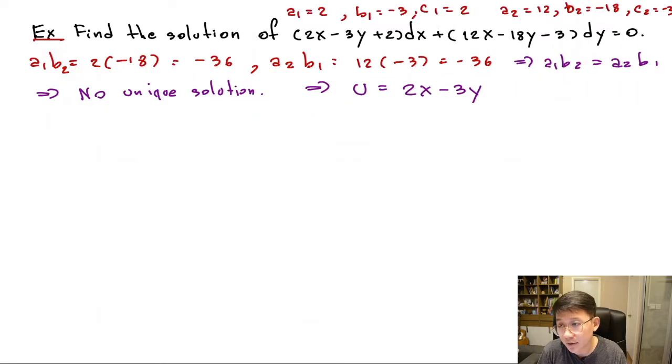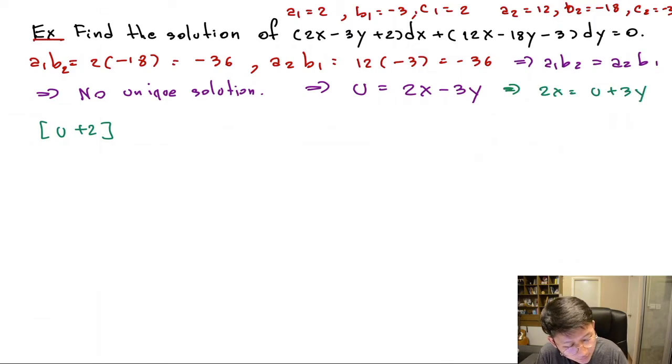X disappears. So here the equation becomes u plus 2, and what is the x? Okay, let's write it here. U is here, right? So we have that 2x is u plus 3y, isn't it?